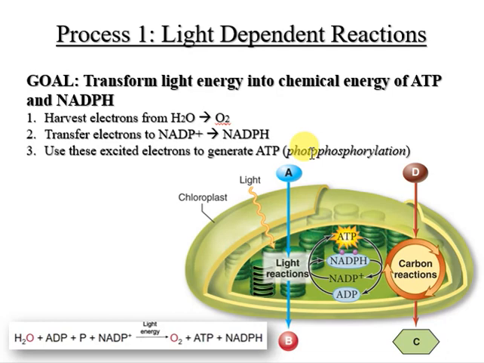In photophosphorylation, you have the transfer of electrons, fueled by light energy, to allow for the synthesis of ATP from ADP and an inorganic phosphate.